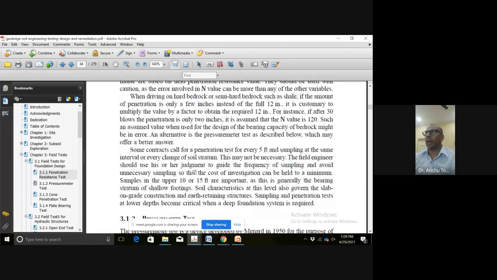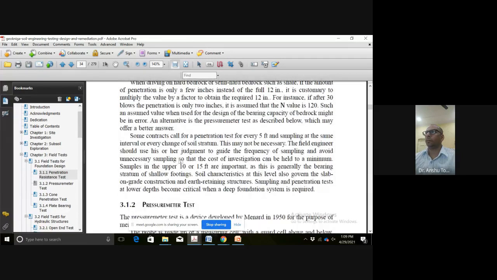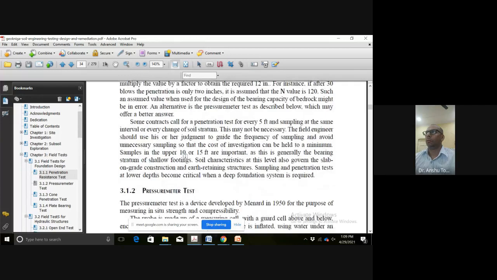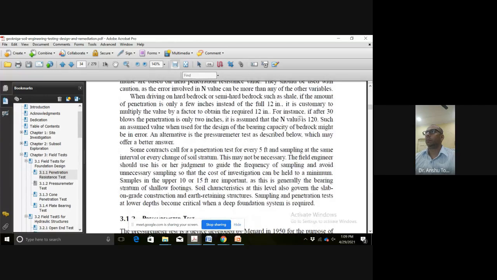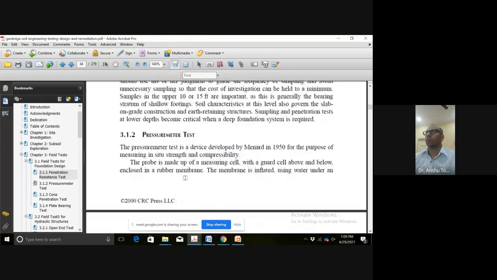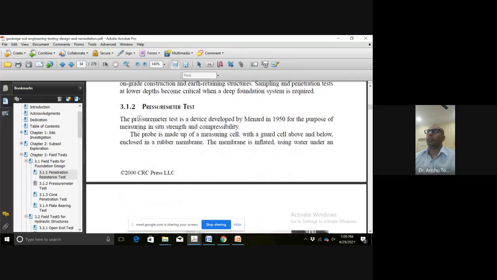So there are some terminologies. The pressure meter test is a device developed by Menard in 1950 for the purpose of measuring in situ strength and compressibility.